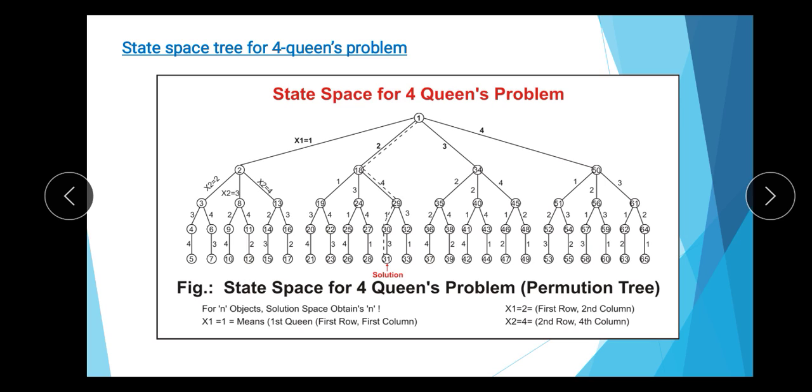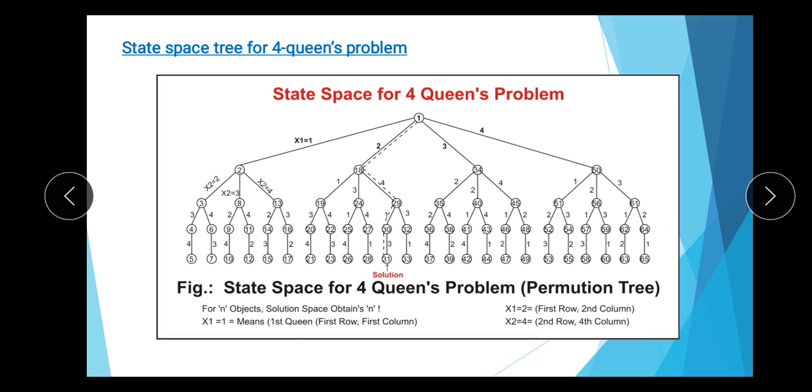Now if we choose the first row, first column, then for placing the second queen we have only 3 options remaining, that is the second column, third column and fourth column, because we cannot place that queen again in the first column, because in the first column we have placed the first queen. Now if we choose the second row, second column position, then the only choices remaining for placing the third queen are the third and fourth.